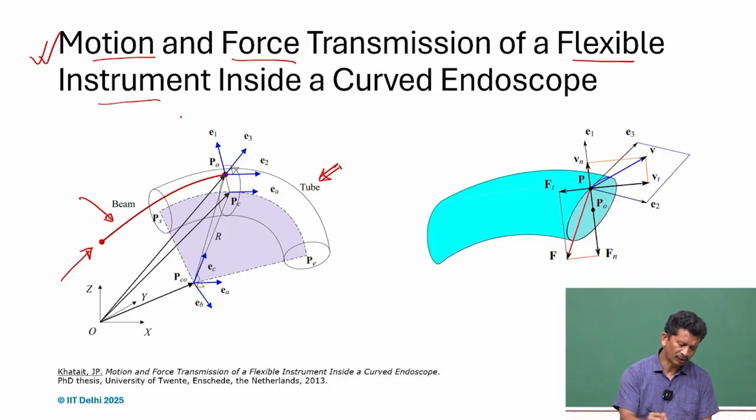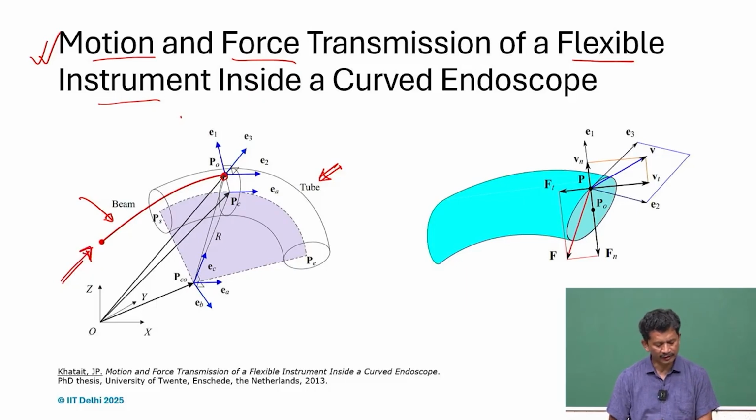Suppose we want to work in this kind of scenario and see if we combine the motion, can we improve the performance, and in terms of precision, can we get that? If we concentrate at the tip and push from this side, this is the motion input.